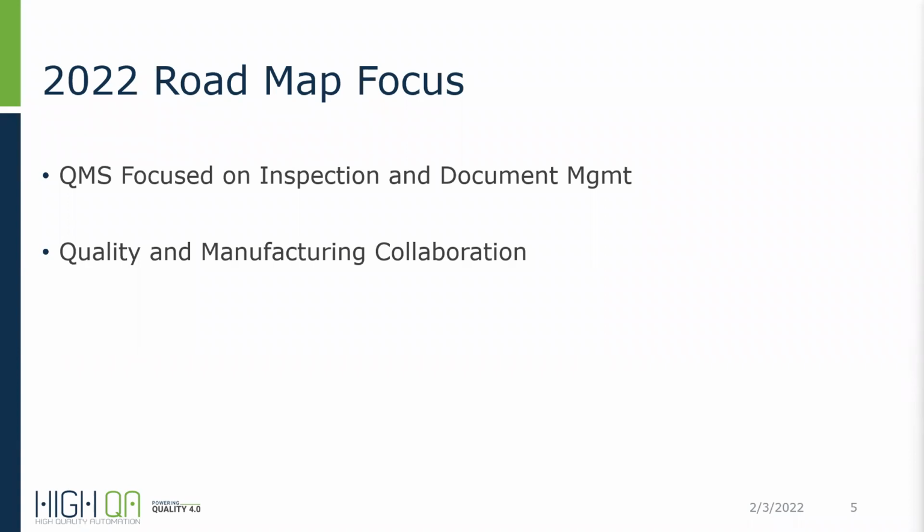This is a collaborative environment that allows quality and manufacturing engineers to work together in ways that weren't really possible before, or at least were more difficult before. Now, having a centralized system that contains the inspection plan and all of the tools to build a plan per operation and to set sampling rules based on conditions and feedback from the process, that's really a collaborative process between quality and manufacturing engineers.